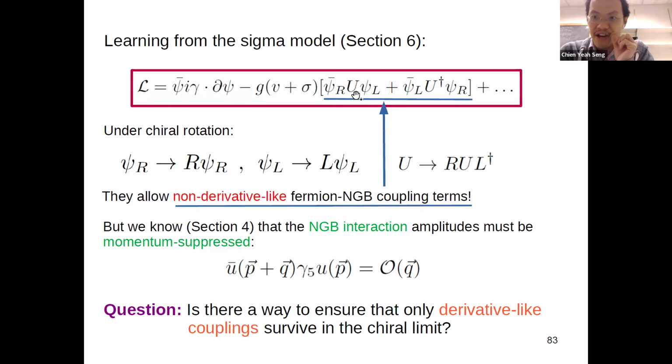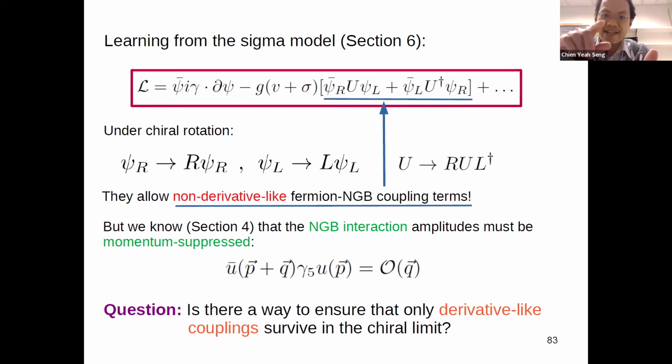There's no derivative here, but this term still satisfies the general relation we introduced before, that the Nambu-Goldstone boson does not interact at zero momentum, because this term gives rise to a so-called pseudo-scalar coupling.